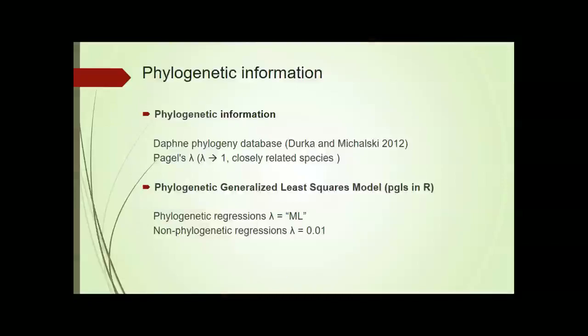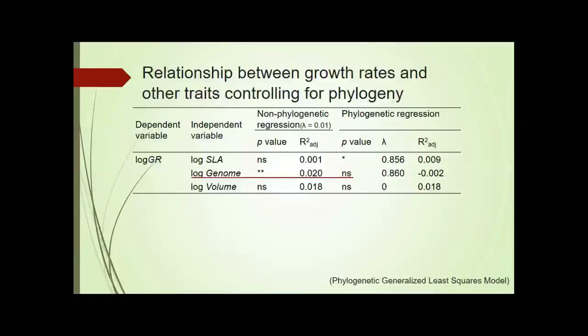Then we used the phylogenetic generalized least squares model. Lambda was calculated using the maximum likelihood method. In order to show the phylogenetic effects, we also assumed lambda is 0 as non-phylogenetic regression. So here's the result.